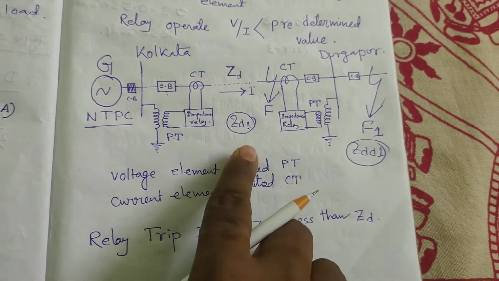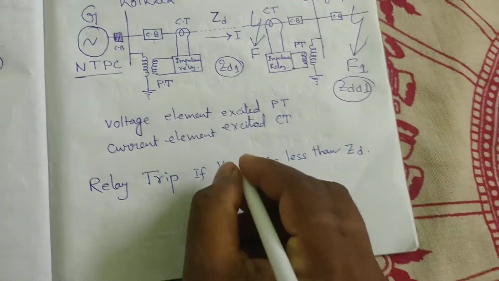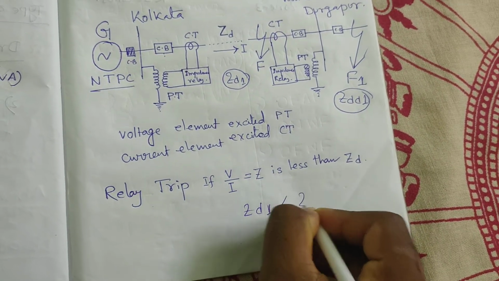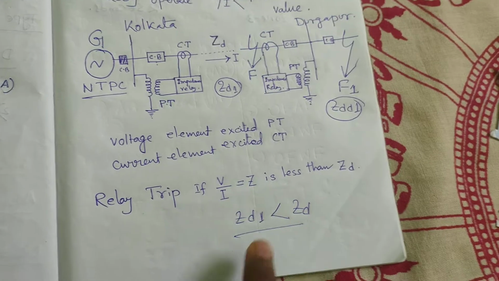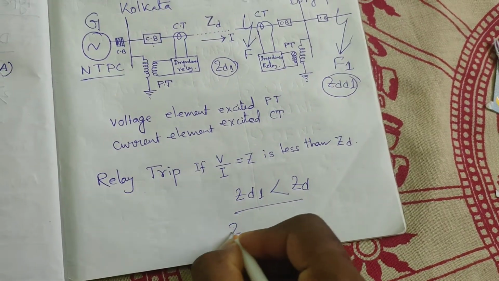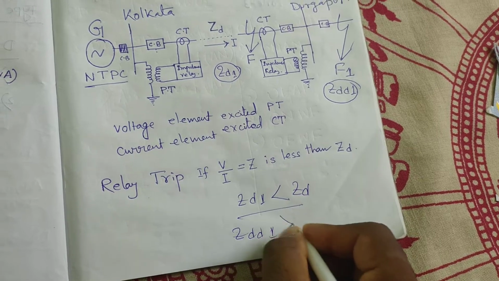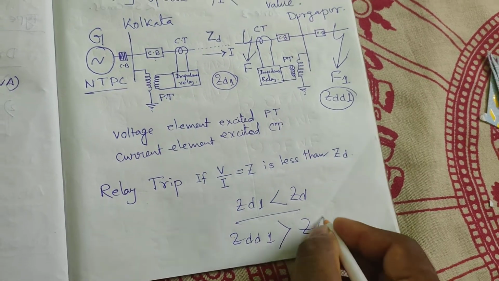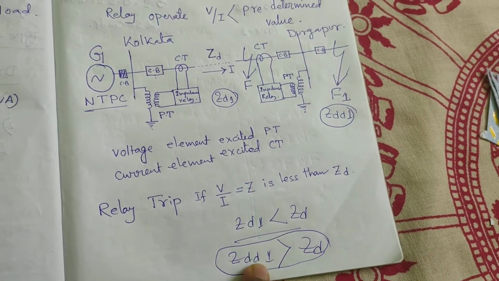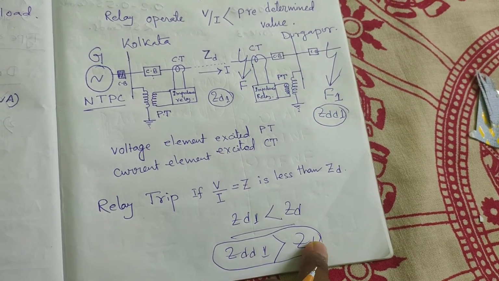Here Z is ZD1, and ZD1 is less than ZD, so the relay will be operated. In the other case, ZDD1 is greater than ZD, so the particular breaker or relay will sense that this is not our protection zone.